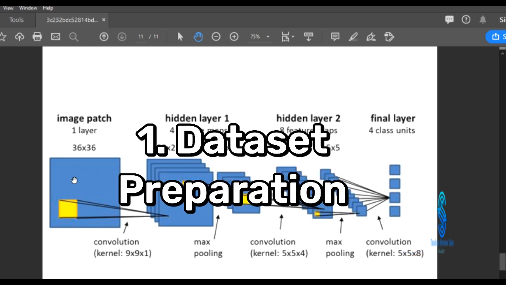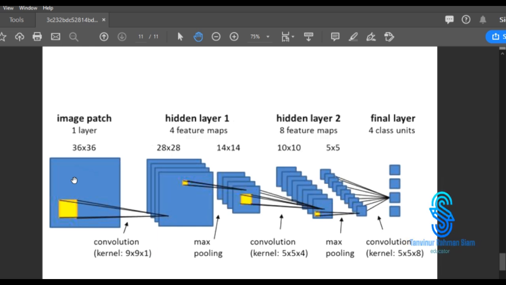This could be done by capturing pictures of the same scene or the same section in different lighting conditions. That is the first step.